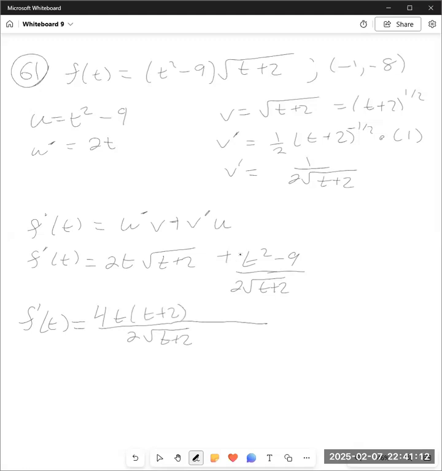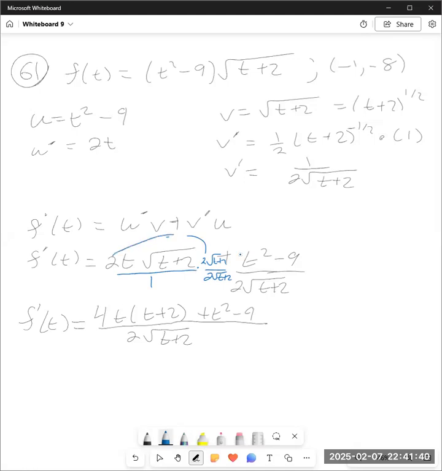So those root t plus 2's will multiply together to give me t plus 2, t squared minus 9. Just to be clear, what I did here, this was over 1, and I multiplied by 2 root t plus 2 over 2 root t plus 2 to make a common denominator.